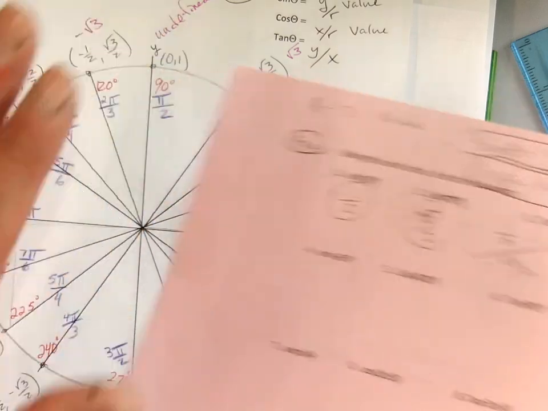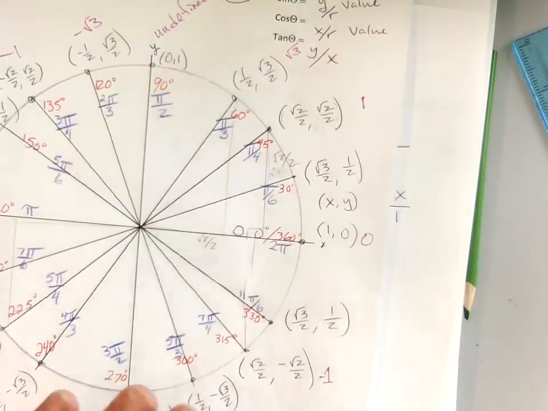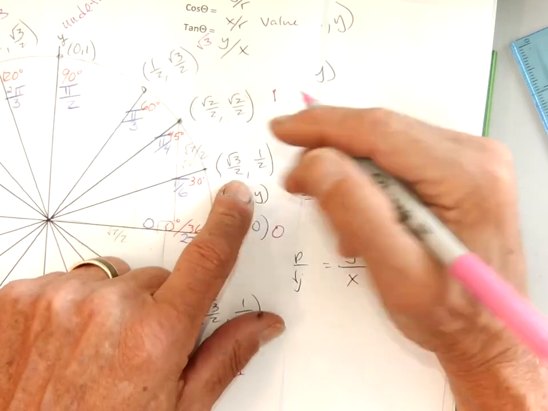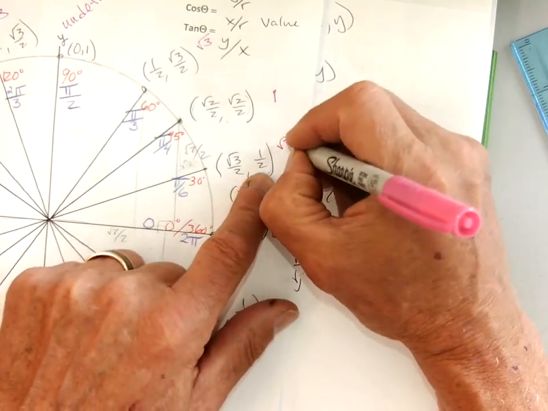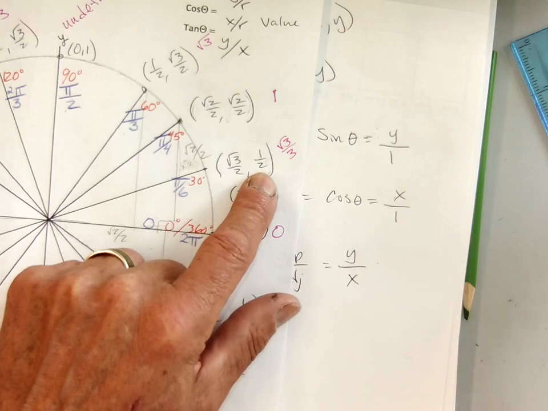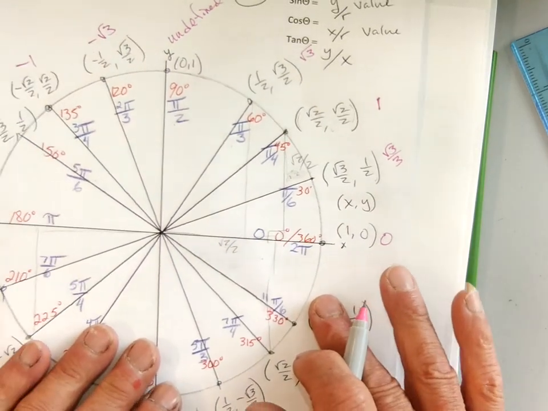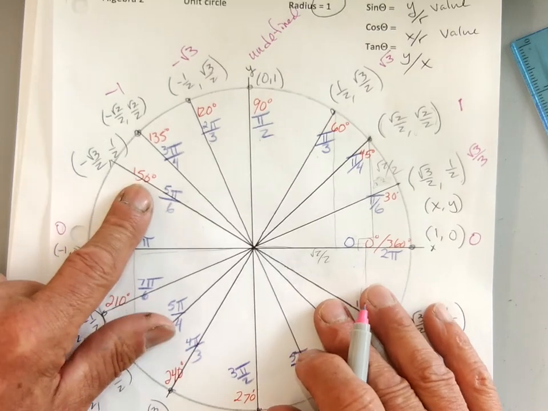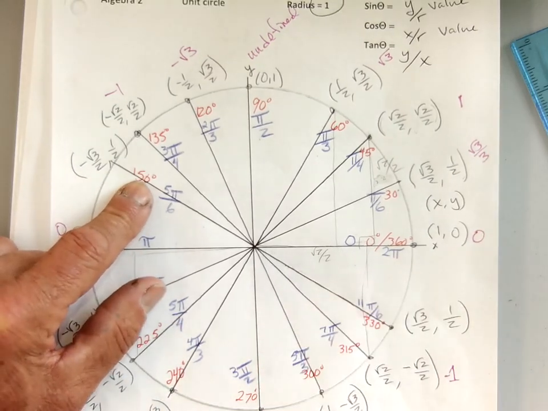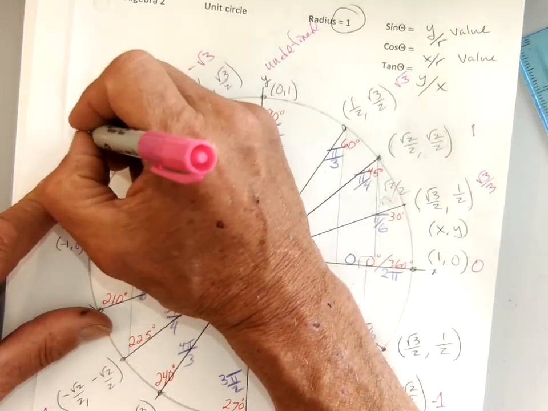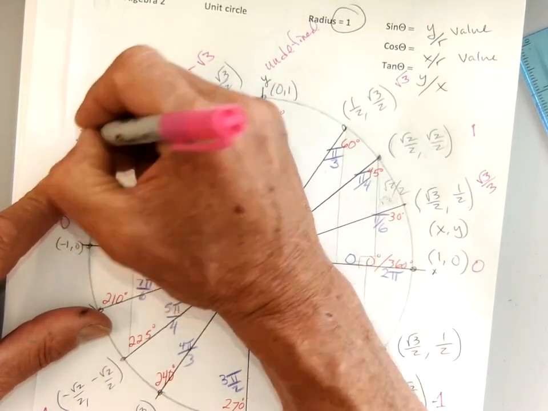So instead of having to do all of this work every time, let's just put the answer on a calculator or on a paper, okay? So 1/2 divided by the square root of 3 over 2 is simply going to be square root of 3 over 3. That's the tangent answer. And of course, over at 150 degrees, we just did that one. We did that on our sheet. 150 degrees was negative square root of 3 over 3.